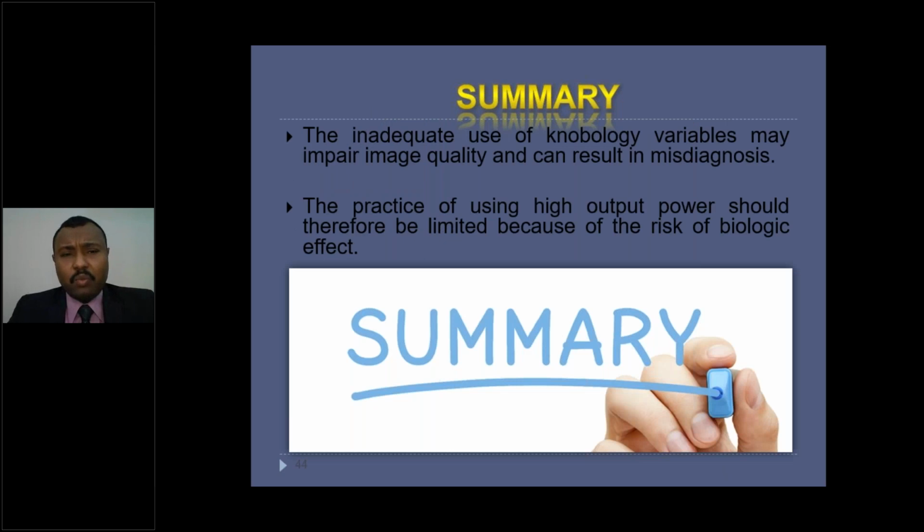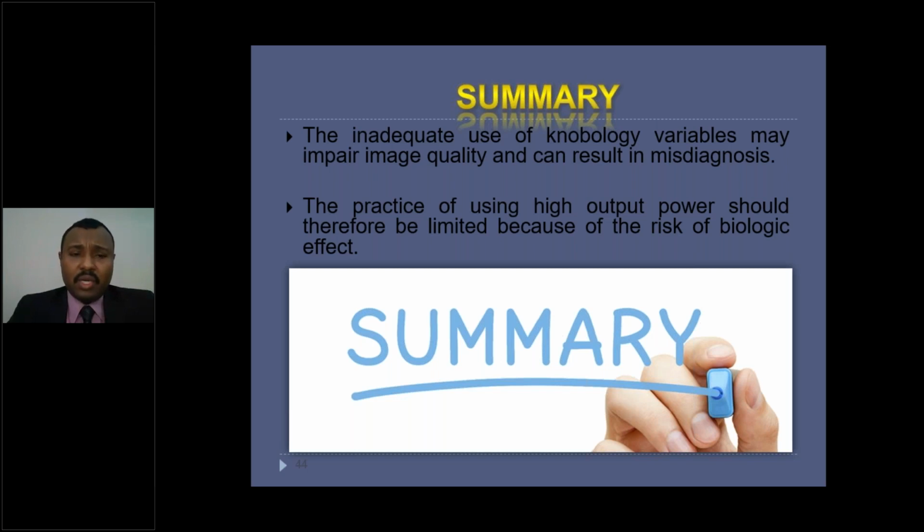The first point in this summary is that the inadequate use of knob variables impairs image quality, and this for sure is right, because if you didn't know how to use your knobs well, you couldn't operate the machine in the right way.